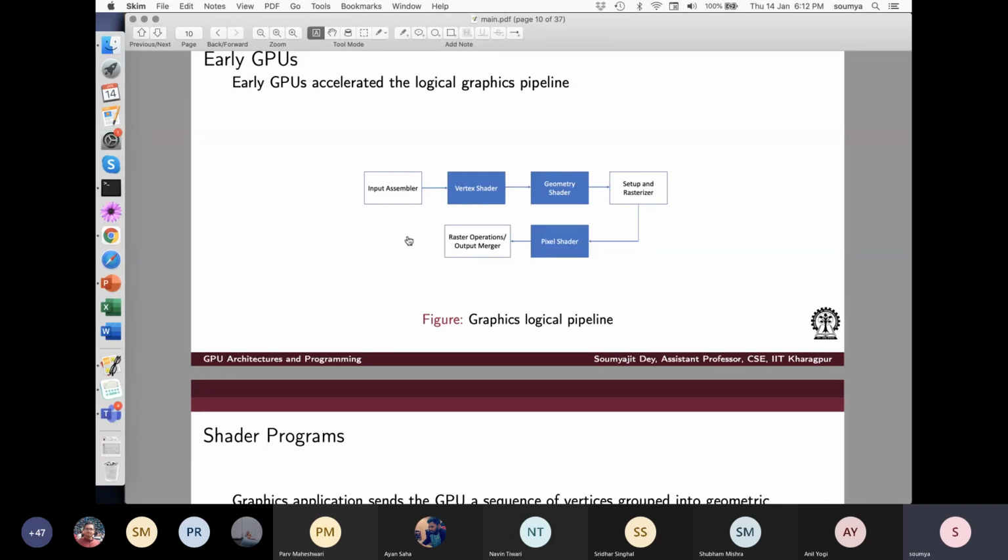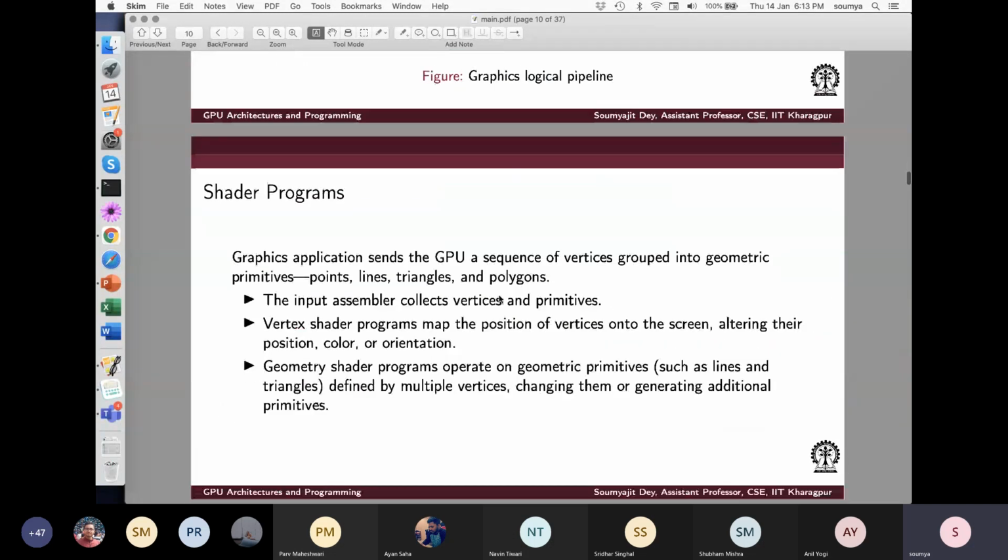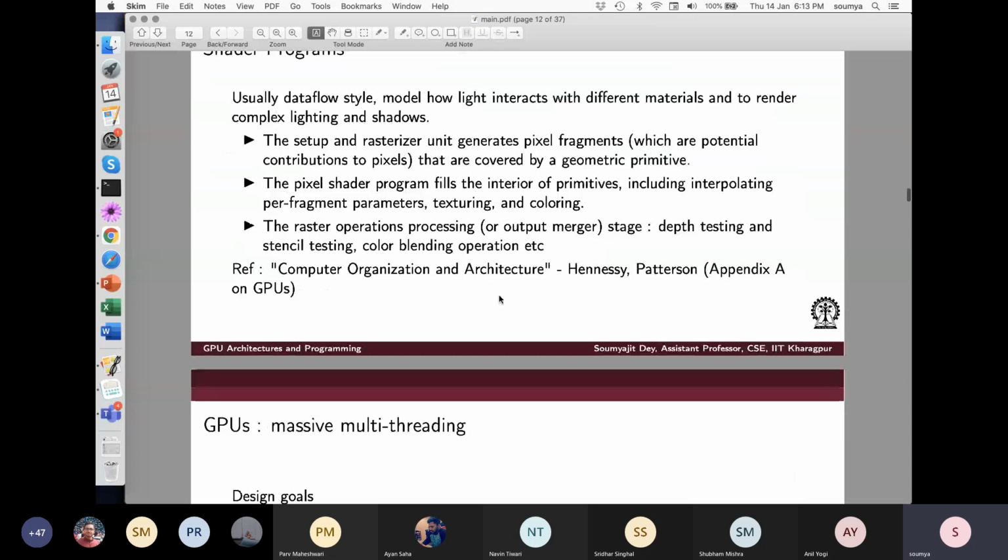Now, this pipeline doesn't mean a computer architecture pipeline. These are hardware units through which the paint coordinates will pass. So early GPUs came as general purpose units which can do all this in a programmable fashion. Okay, and then they evolved into general compute platforms.